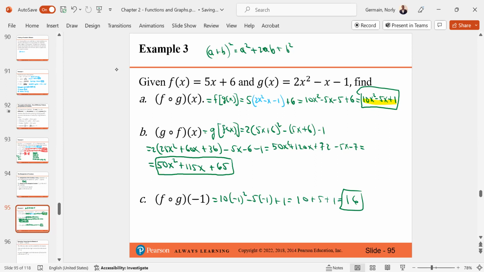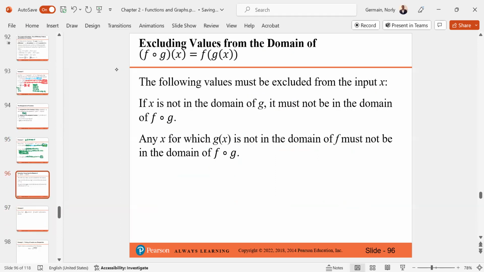Another topic to see in these sections, which is very important, is excluding values from the domain for these types of functions. f of g of x equals f, where, remember, everywhere in f you see x, you replace it by g of x. The following values must be excluded from the input x.